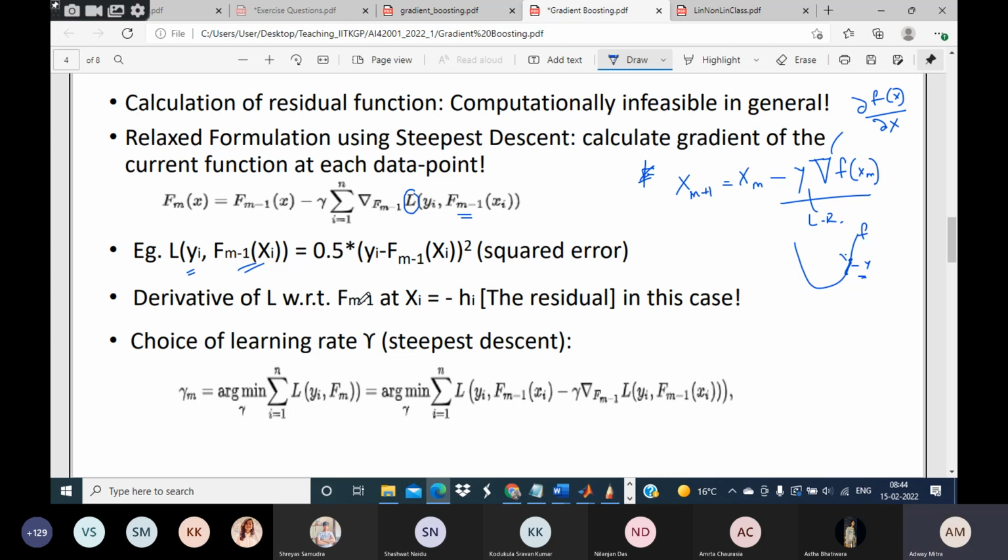So now if you calculate the derivative of this thing with respect to f_{m-1}(x_i), here don't get confused by the term x_i. x_i in this case is something fixed.